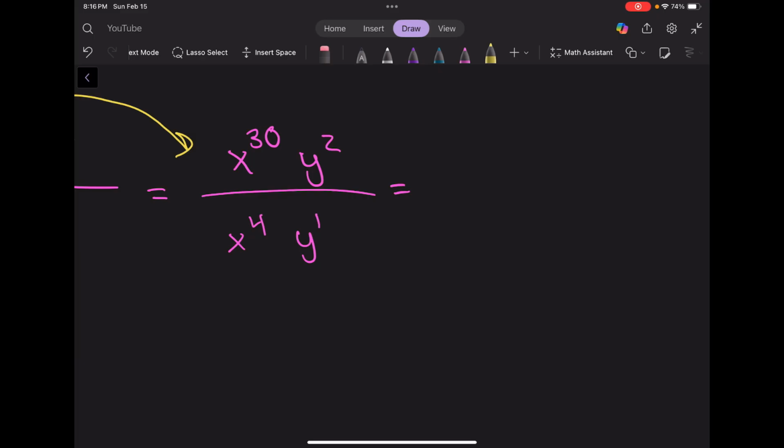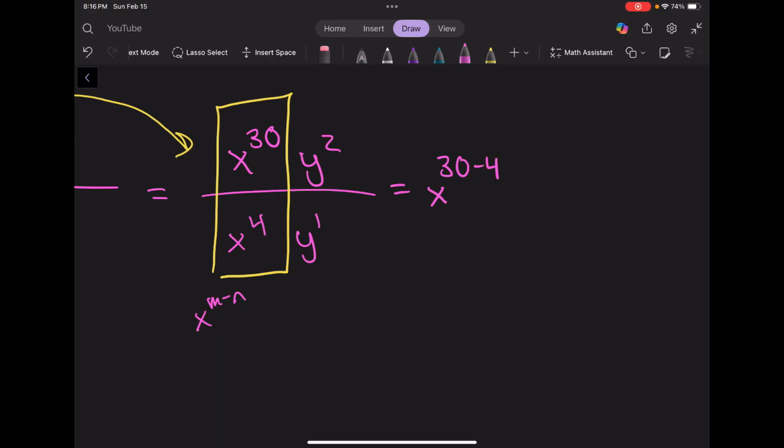Then we're going to apply another rule. We're going to look at these individually. So by applying my x to the m minus n rule, that's going to be x to the 30 minus 4, and then we have multiplication here.